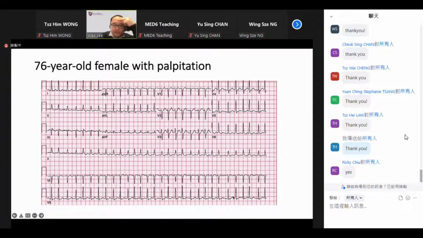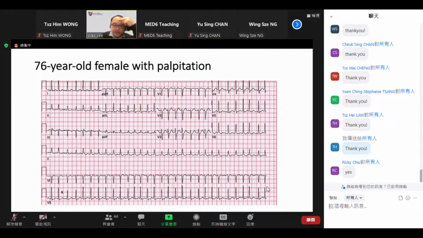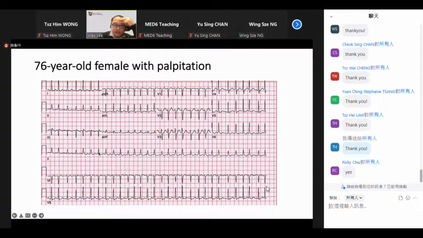The easier way is that a standard 12-lead ECG tracing is usually 10 seconds. So you can just count the number of QRS complexes on the long lead throughout the ECG, and then multiply by 6. That is the average heart rate. So from here to here, the end of the ECG, is about 10 seconds.